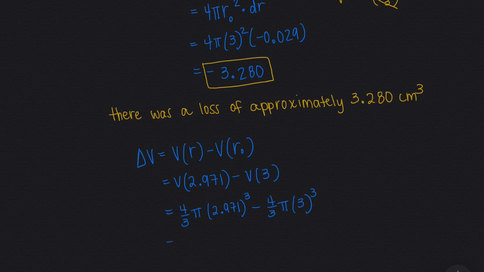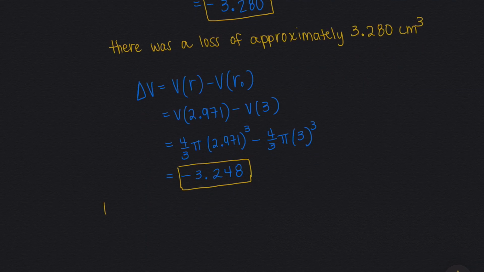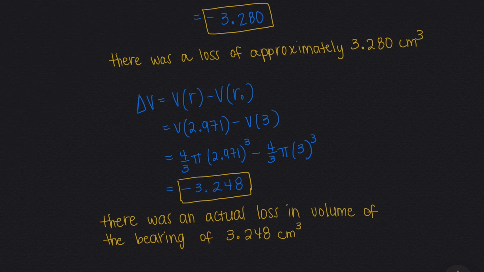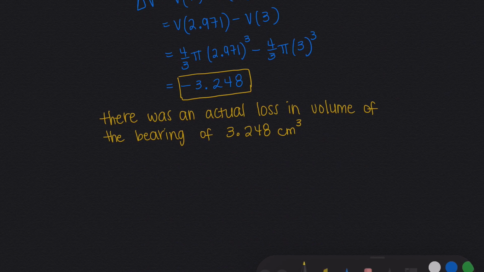We put all of this into the calculator and we get another negative number, negative 3.248. So that's our actual loss in volume. We could say there was an actual loss in volume of the bearing of 3.248, don't forget the units, cubic centimeters. And since they want a comparison, what we could say is that our approximation was actually an over approximation.